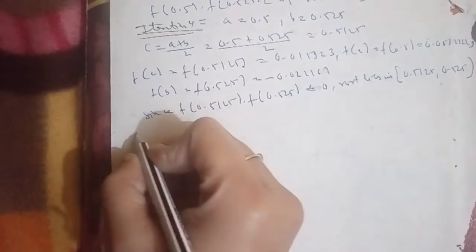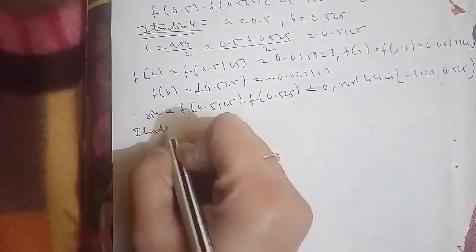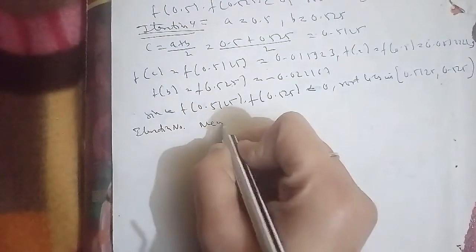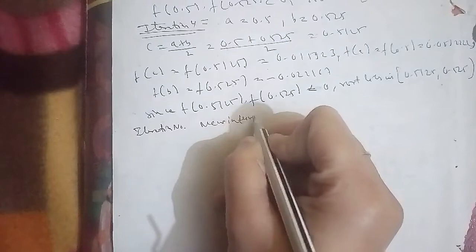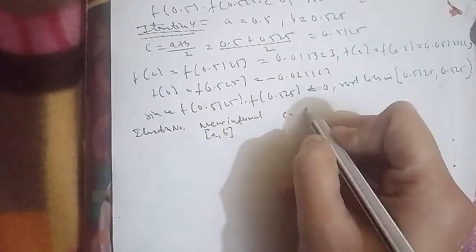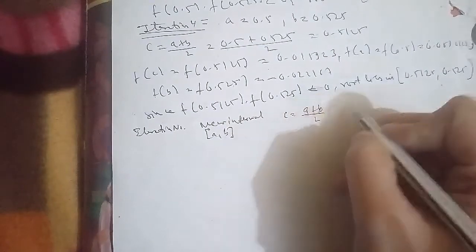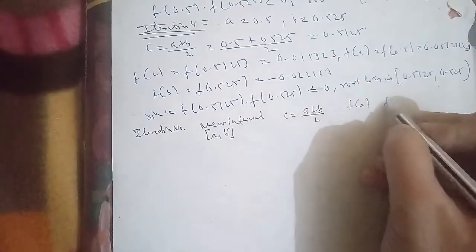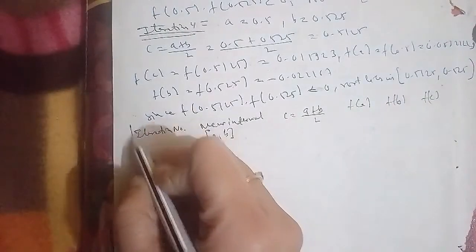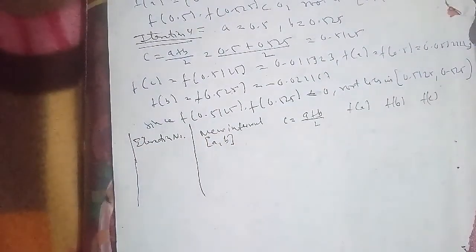So we have a table with iteration number, new interval (a, b), a, b, f of a, f of b, and f of c. For this we have to discuss and fill in the table.